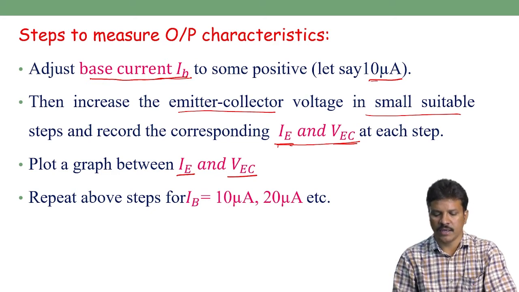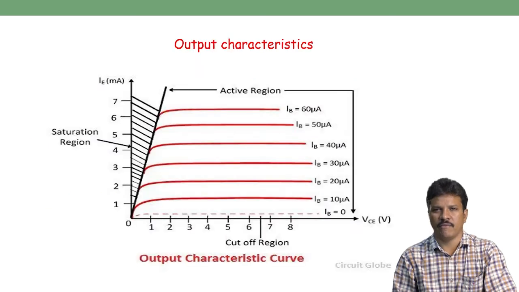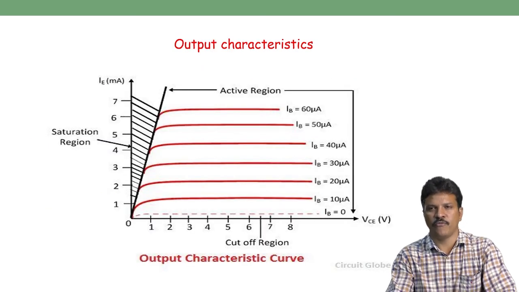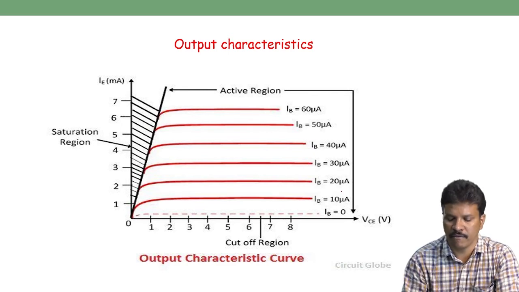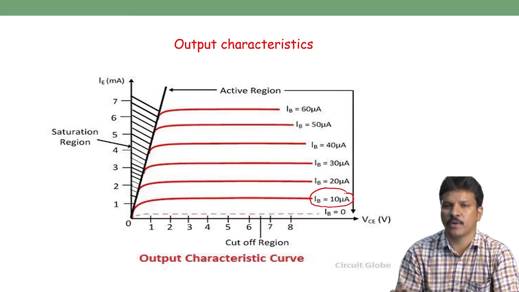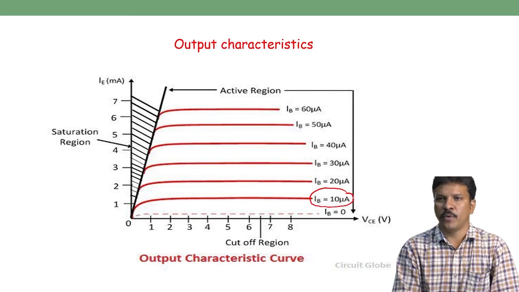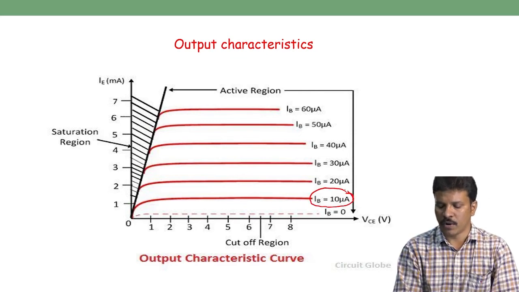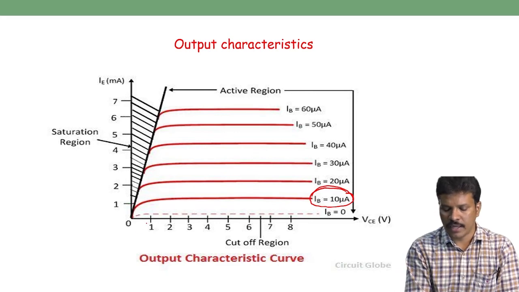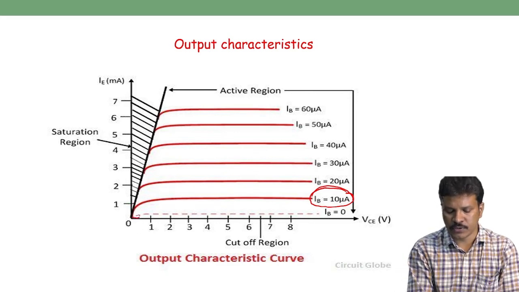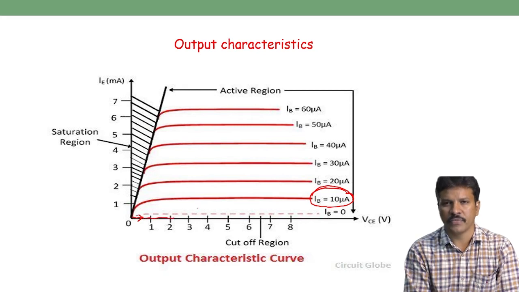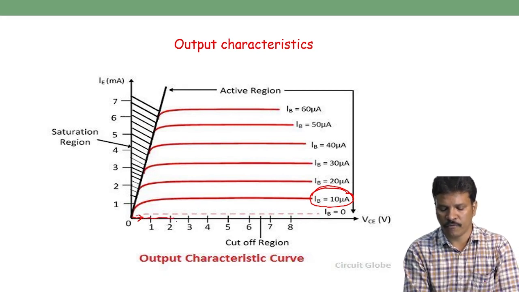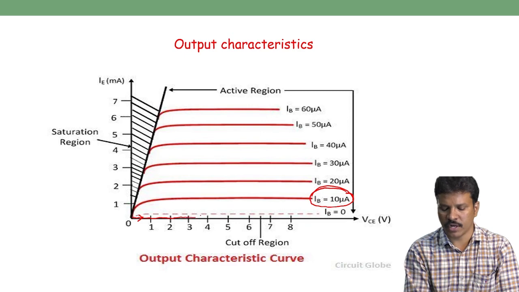What is the behavior when we follow that procedure? So I am taking the first graph, which is IB equal to 10 microampere. Keep input current IB equal to 10 microampere and increase the output voltage in suitable steps, slowly increasing 1, 2, 3, 4 in the positive direction.